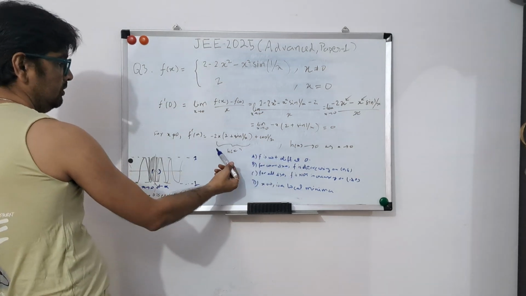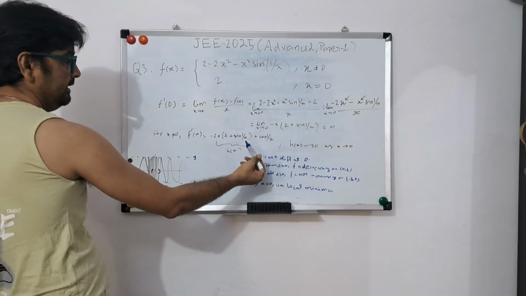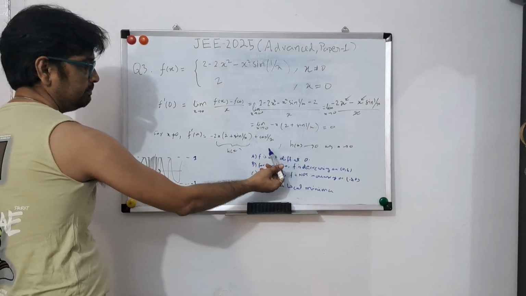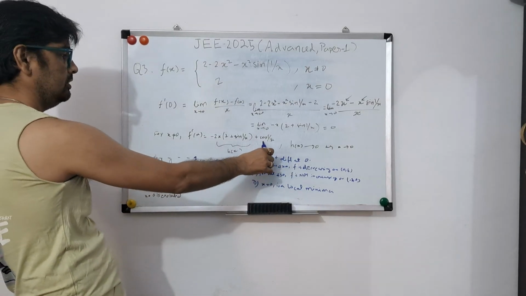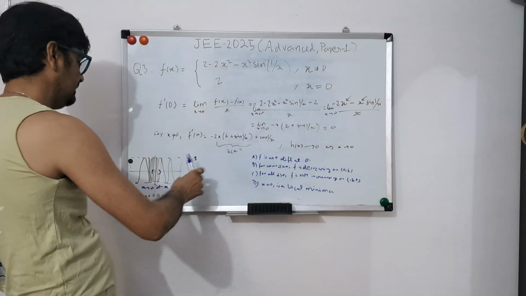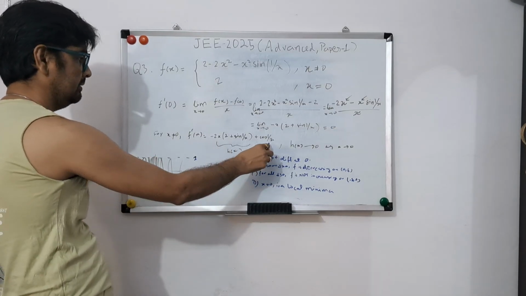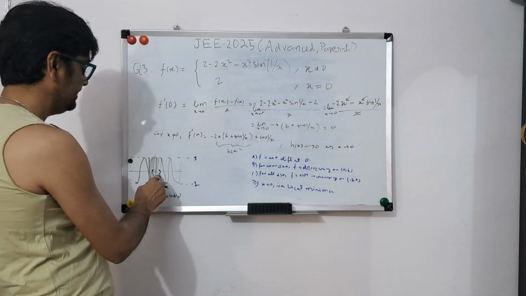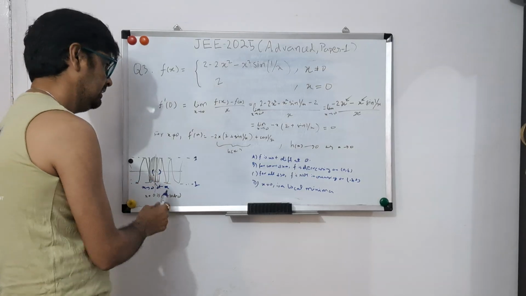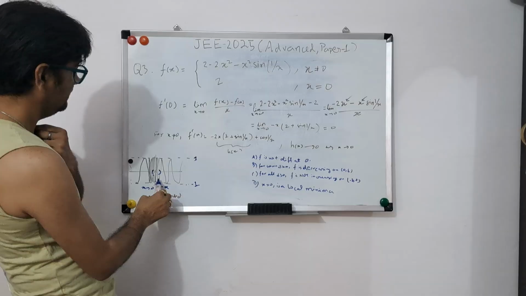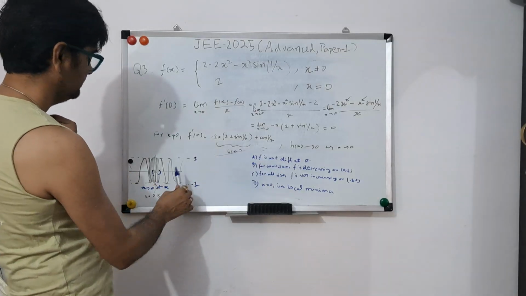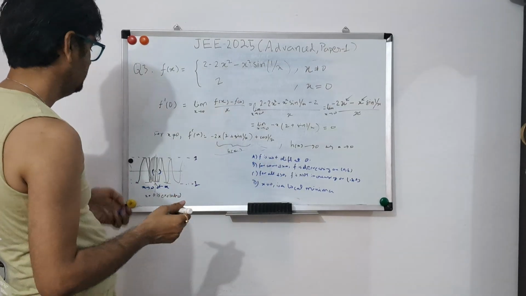This whole expression will become positive and also negative. When cos of 1 by x is minus 1, then this whole expression will become negative within this interval where h(x) is less than 1. And when cos of 1 by x equals 1, this whole expression will become positive.